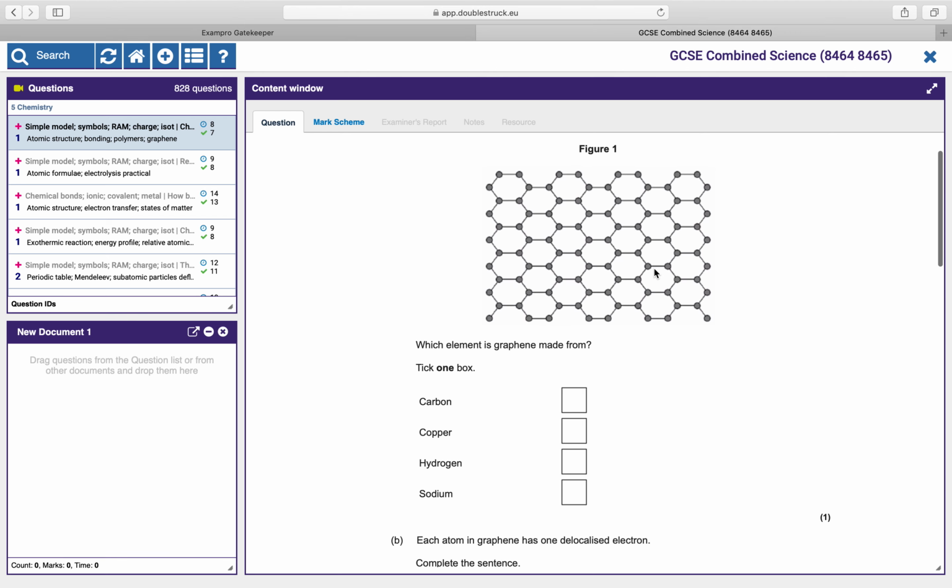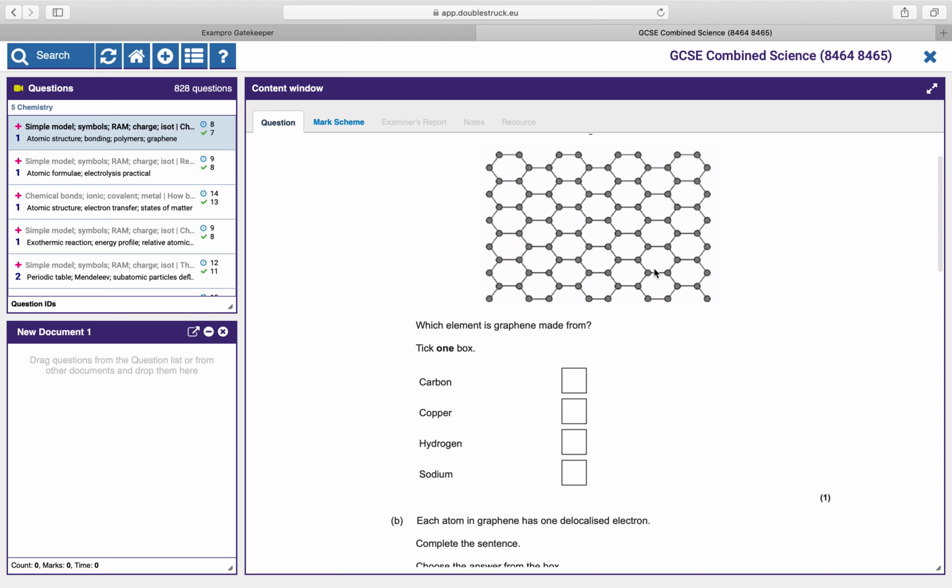So graphene, graphite, all of that is carbon. They might also look at nano Buckminster fullerene and fullerenes. They're all forms of carbon. Whenever you see that, just think carbon.